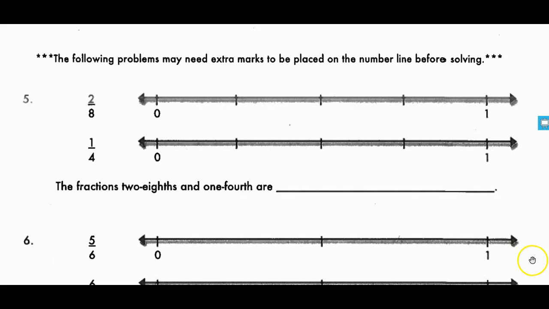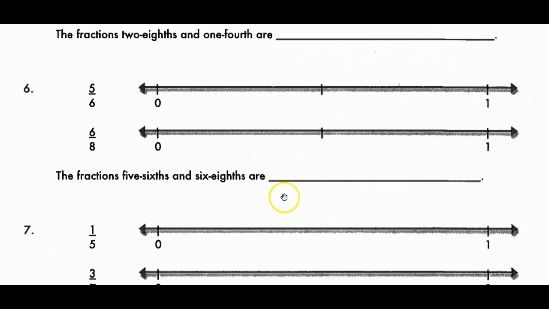All right, number 6, let's do that. Wow, they're only cut in half. So 5/6. I need to divide this into how many sections? 6 of them. My denominator, the number at the bottom, tells me how many sections I need on my number line.